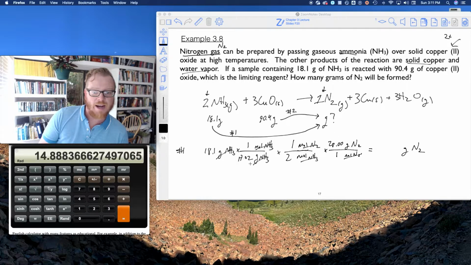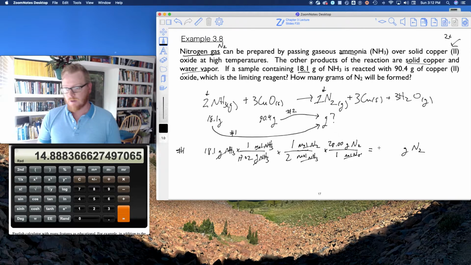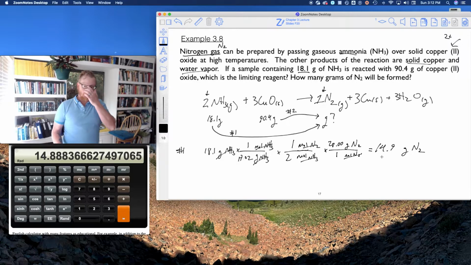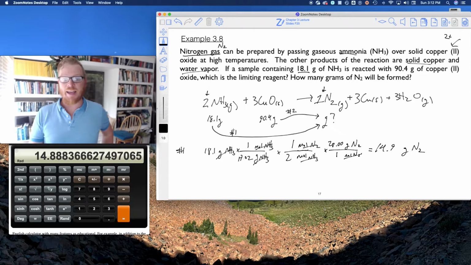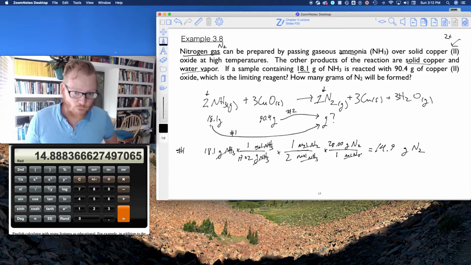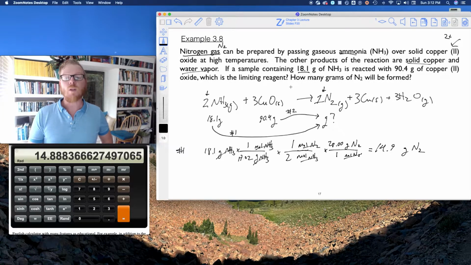I can still say divide by 1 again, but we know what the result of that will be. So 14.888, and you can see I've got from the 18.1, 3 sig figs, so this should be 14.9. Okay. So 14.9 grams of nitrogen can be made from 18.1 grams of ammonia, assuming that I had a large excess of copper 2 oxide.